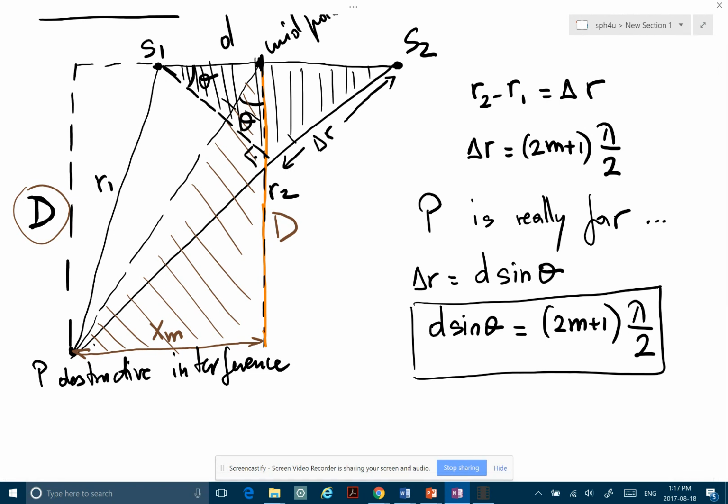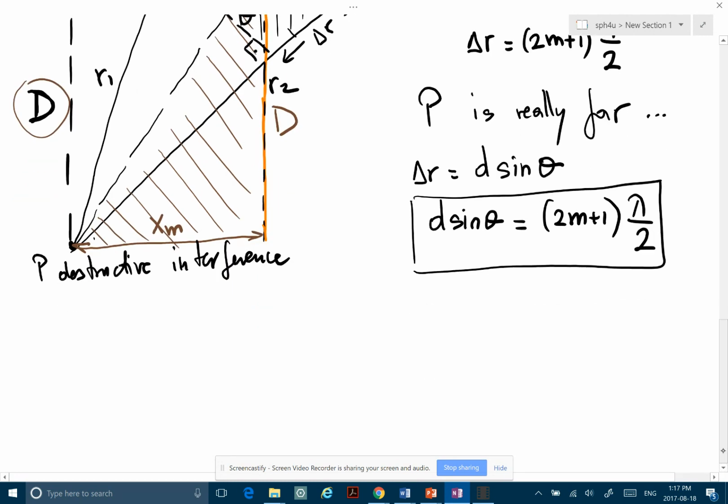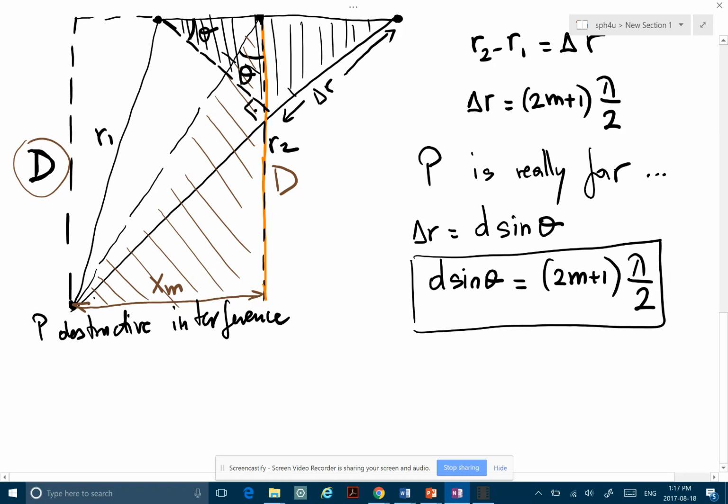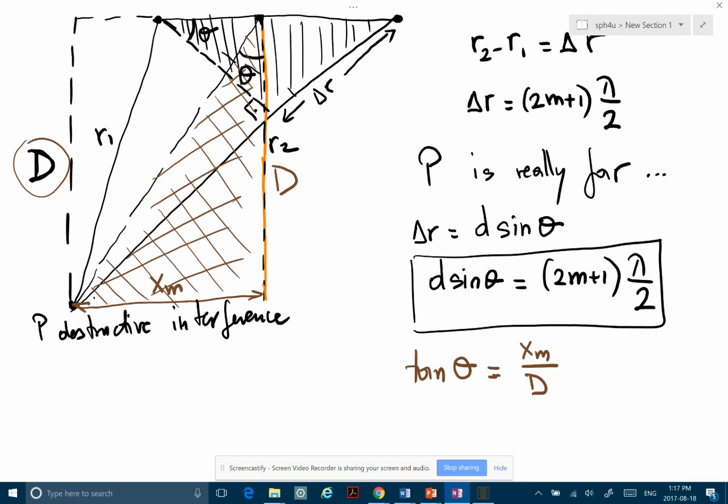Okay. So in general we have tan theta. If you look at this triangle here, the big one, tan theta is equal to xm over D. Remember, D is the distance between the sources and the point P, the vertical distance, okay?